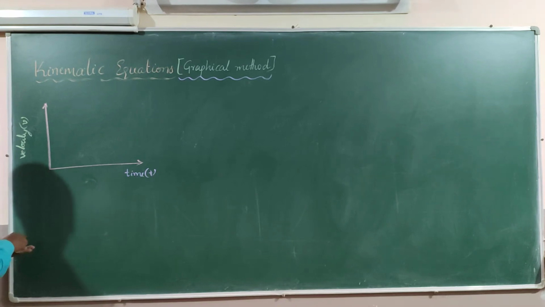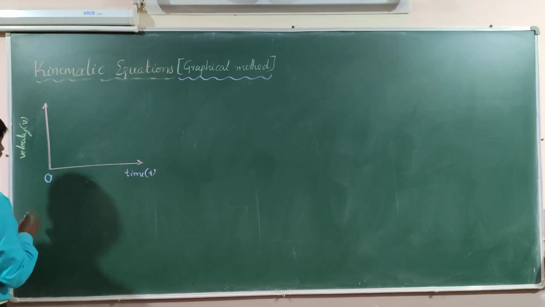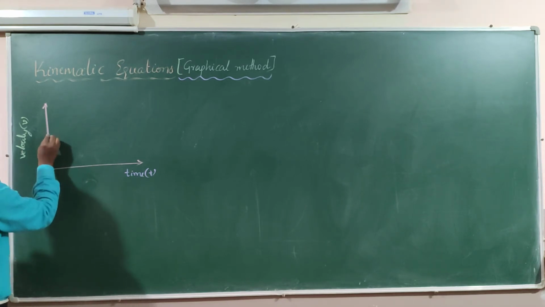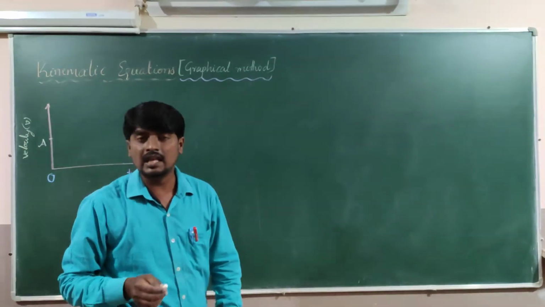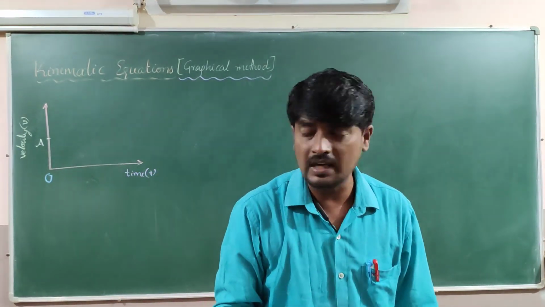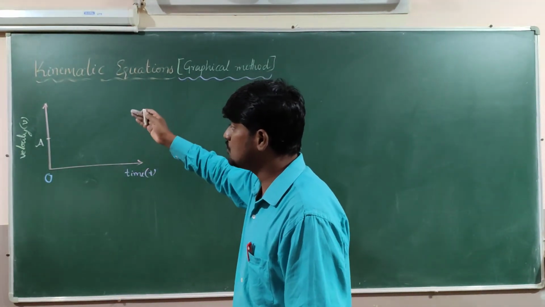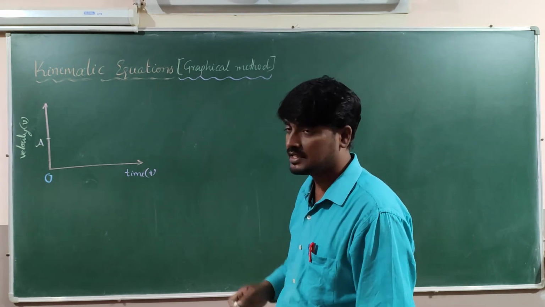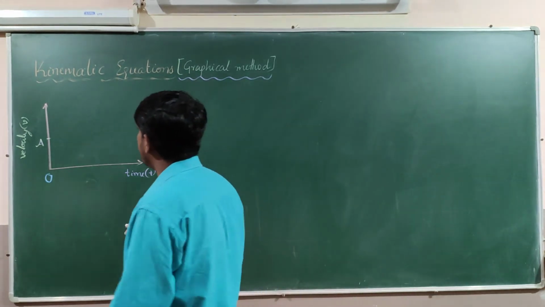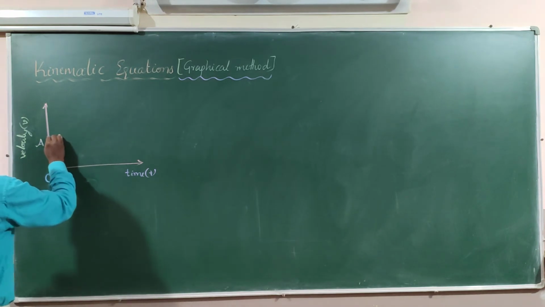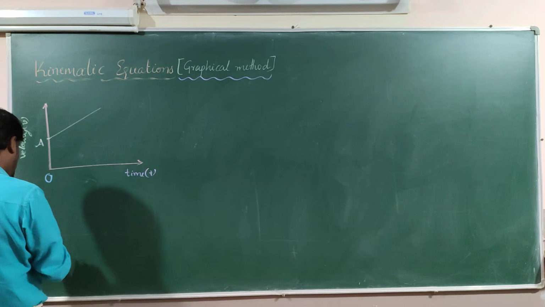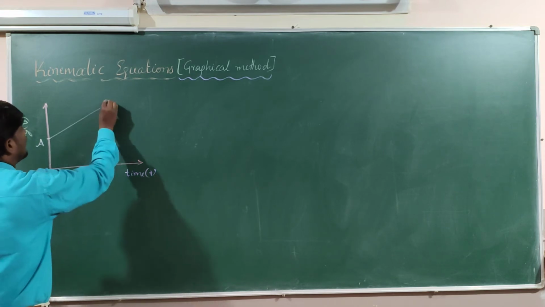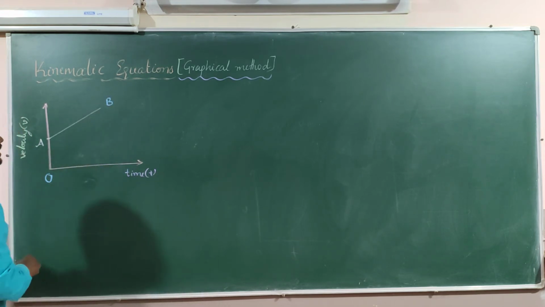At time t equal to 0, the body possesses some initial velocity at the position A along the y-axis. Now if it is moving with a uniform velocity, it goes like this, and it reaches the point B.